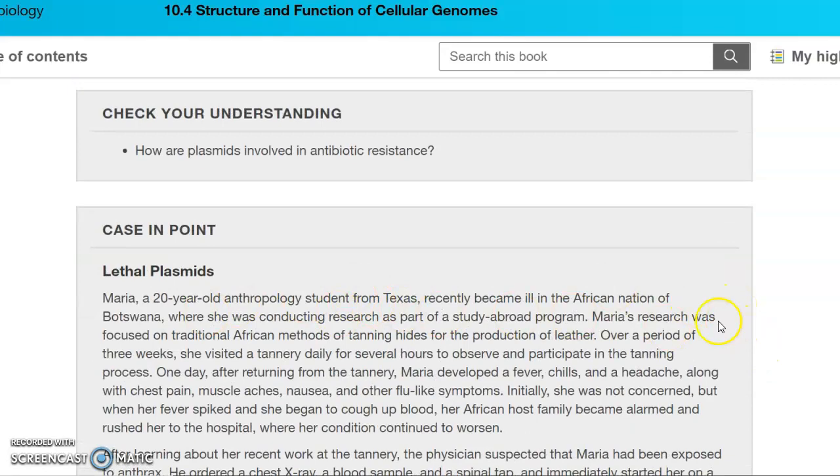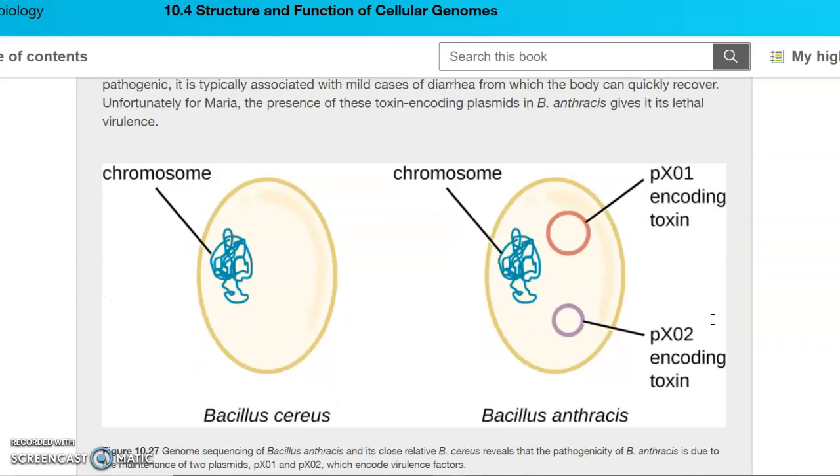You've got a little case study here in this section that talks about Bacillus cereus and Bacillus anthracis. They are very, very closely related to one another. In fact, they believe they may actually be the same species. But Bacillus anthracis contains two plasmids that code for the anthrax toxin, and that's what makes it lethal.